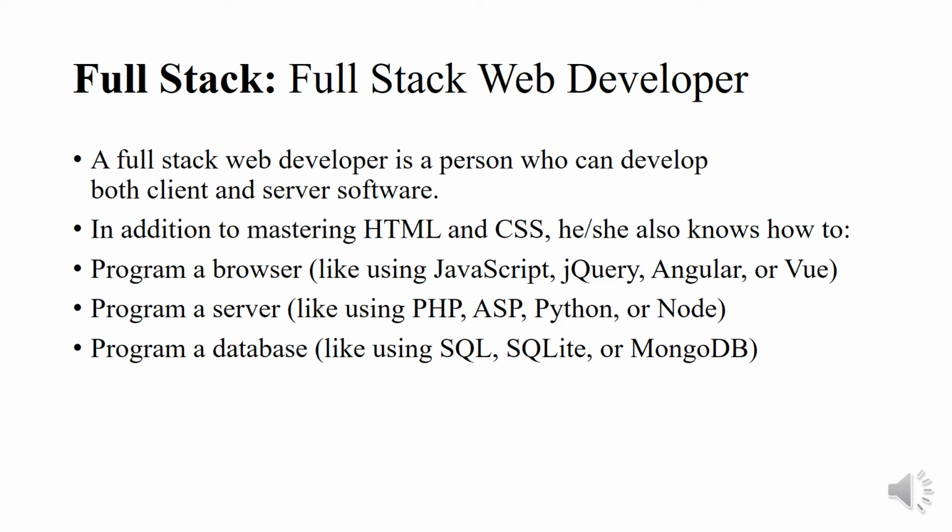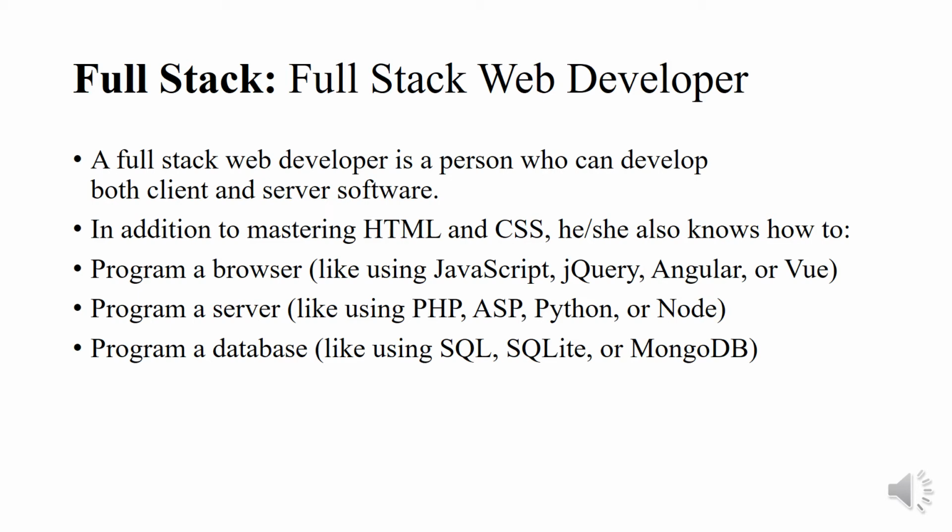Full stack. So a full stack web developer is a person who develops at both ends, client end and server end. And what things are required to be a full stack web developer?